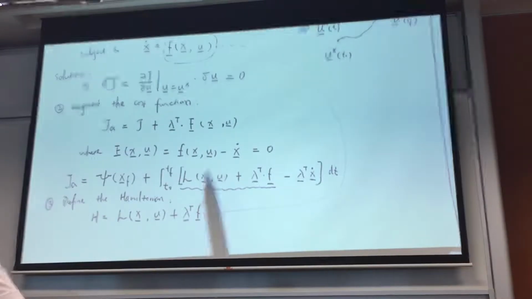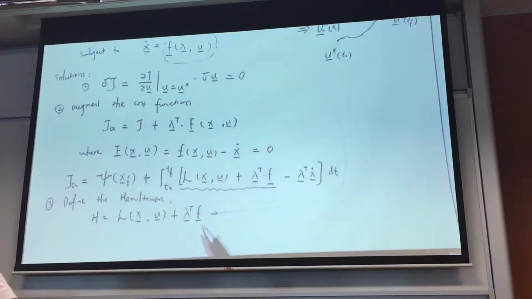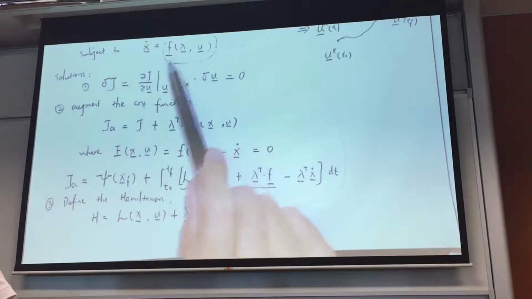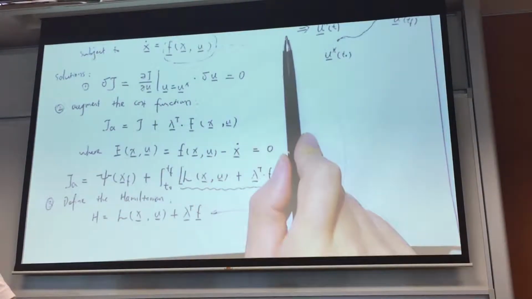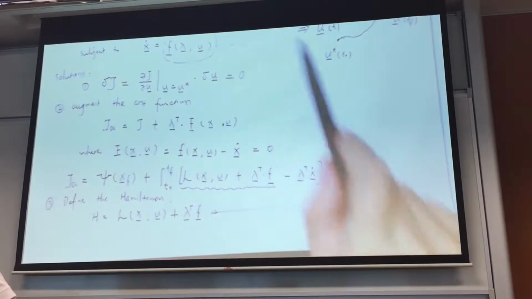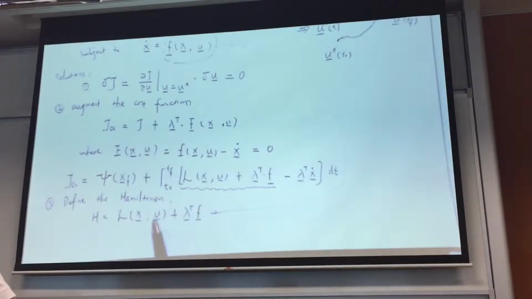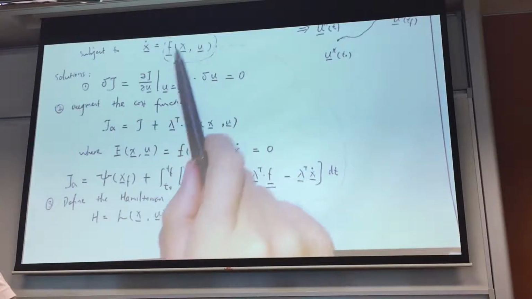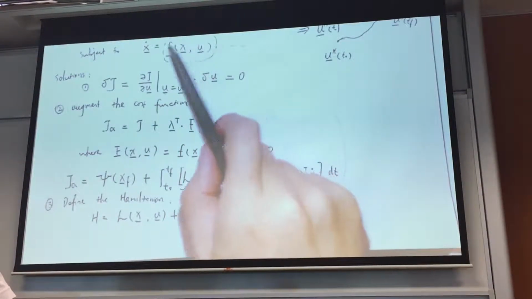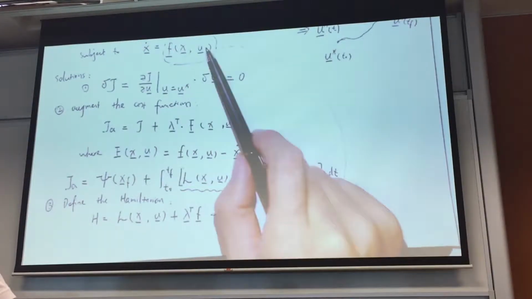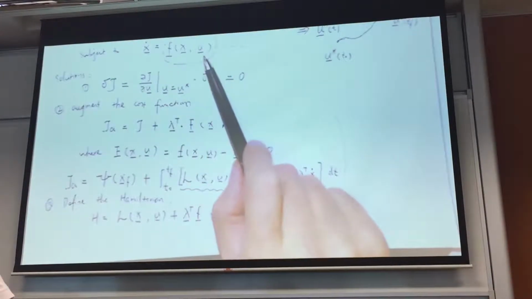It looks slightly different from what we did in the constrained optimization. In constrained optimization, we need to shift this one to one side to make it zero, and use the whole function to augment the cost function. But here we only use this part, the algebraic part of the equation.